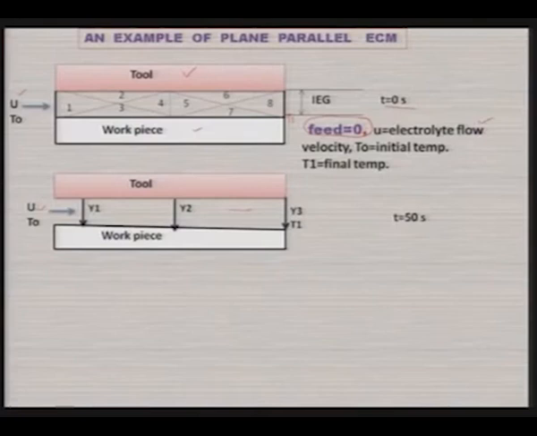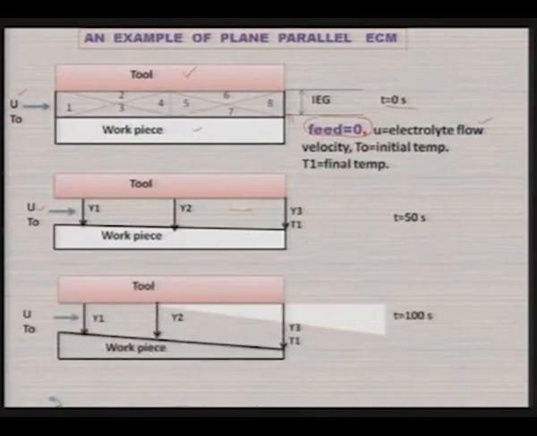So, definitely the gap between the tool and the workpiece will keep increasing, and at different points you can see the gap is continuously increasing. How this gap is changing will depend upon the various assumptions that you have made during computation or computational experiments for plain parallel electrode machining.